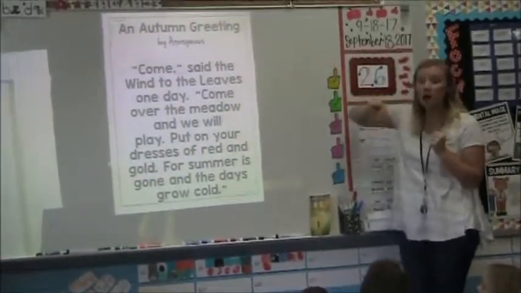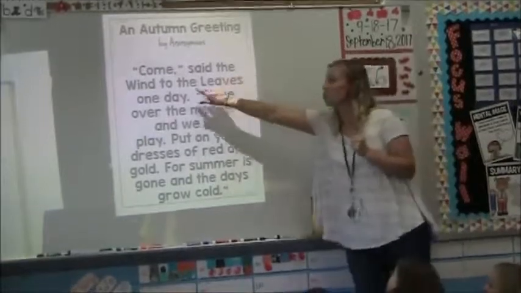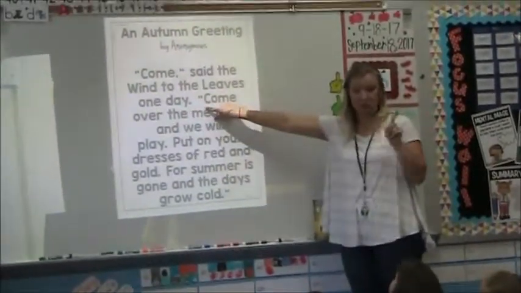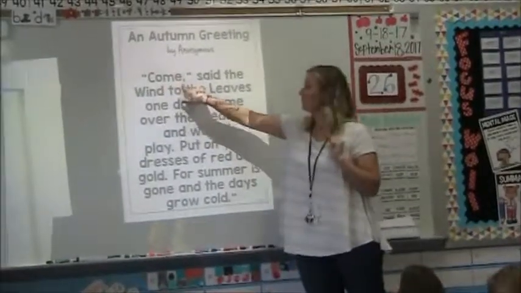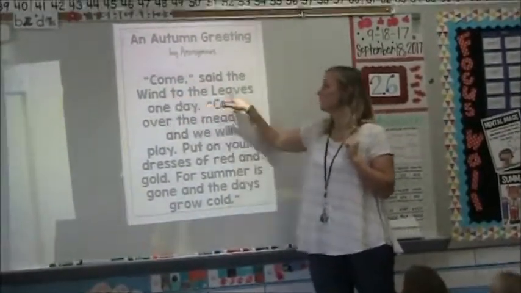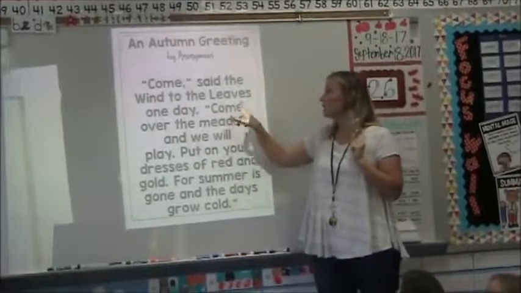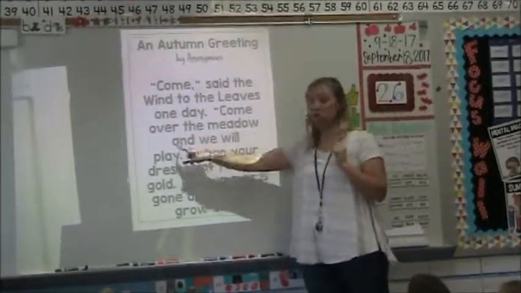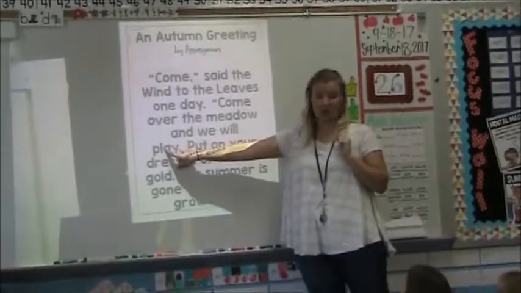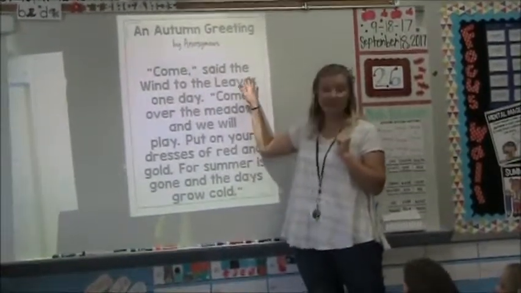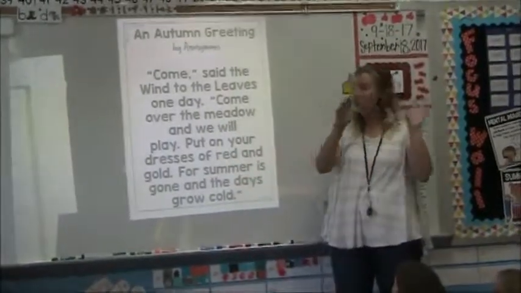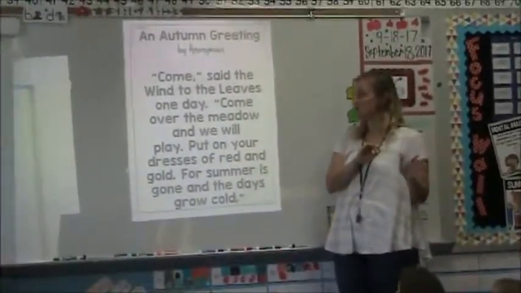Okay. Come, said the wind to the leaves one day. I'll read that again. Come, said the wind to the leaves one day. Come over the meadow and we will play. So the wind is talking to the leaves. He says, come, said the wind to the leaves one day.